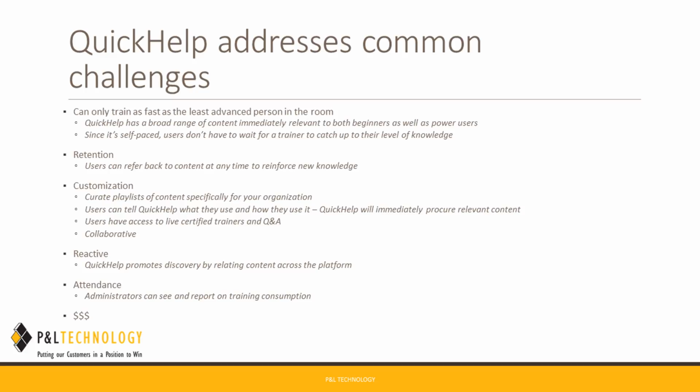And that's based on the number of Office 365 subscriptions that you have in your environment. So if you have, let's say, 10 users in your office with Office 365 subscriptions, your Quickhelp cost would be just under $30 a month, which I think is a very affordable and attractive price point considering all the content and training features that are available.